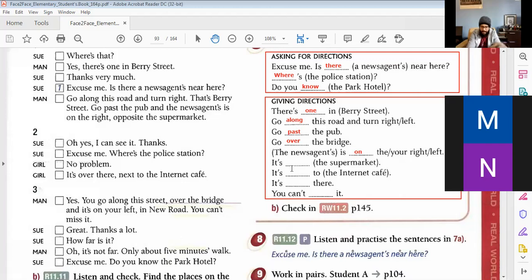Can you see the conversation? Our answers come from the conversations we completed. So how do we talk about the supermarket here in conversation number 1?